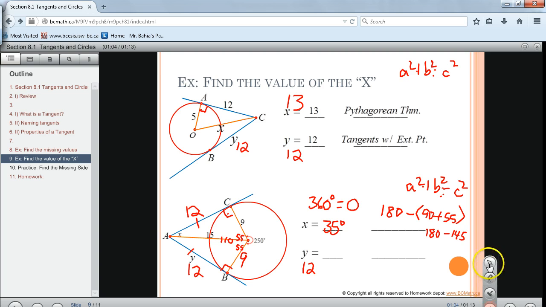Let's see if we're right. Yeah, trust me, it says 35 there. And because angles in a triangle add to 180. This whole rule that I just explained here, that's a tricky one, because you have to know that angles in a circle add to 360. And then Y is 12 by using the Pythagorean theorem. Okay.